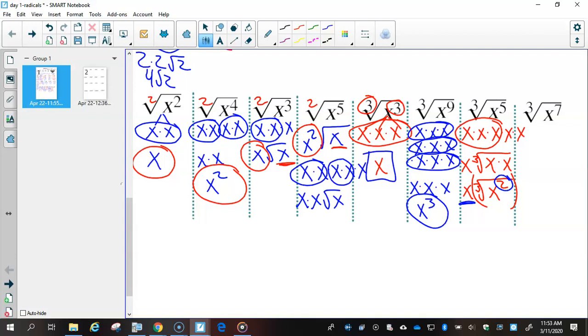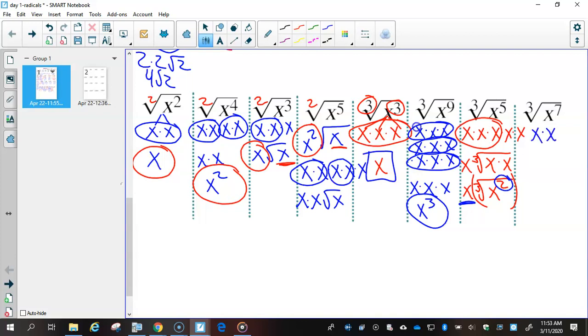So the answer to this one should be x to the third. 3 roots came out. And when you multiply those 3, you get x to the third. Or if you're doing the other way, 3 goes into 9 3 times with nothing left over.